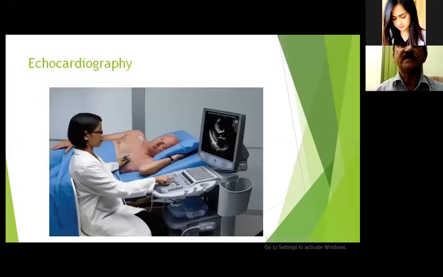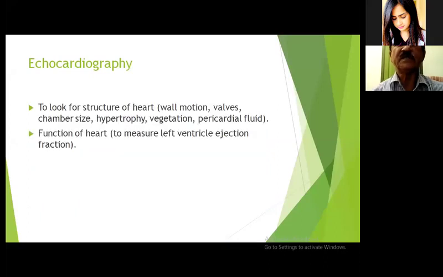This device is echocardiography or echocardiogram. This is a simple ultrasound of the heart. In this machine, we can look at the structure of the heart, the walls of the heart, right ventricular wall, left ventricular wall, interventricular septum, then the valves, atrioventricular valves and semilunar valves, the aortic and pulmonary valves.